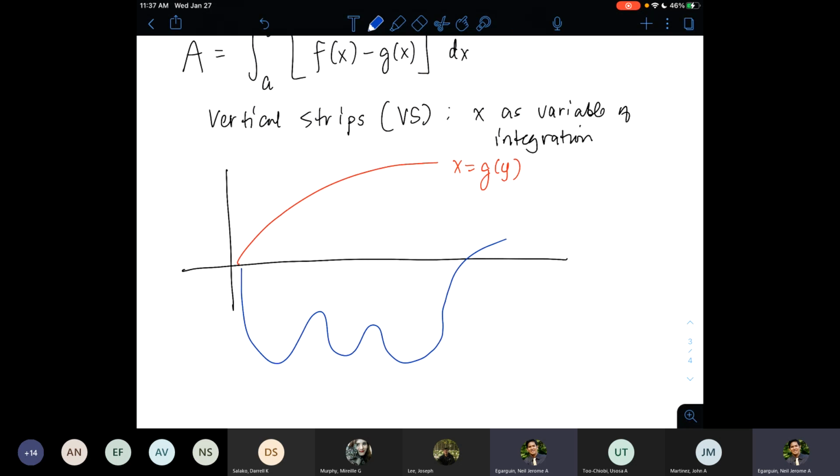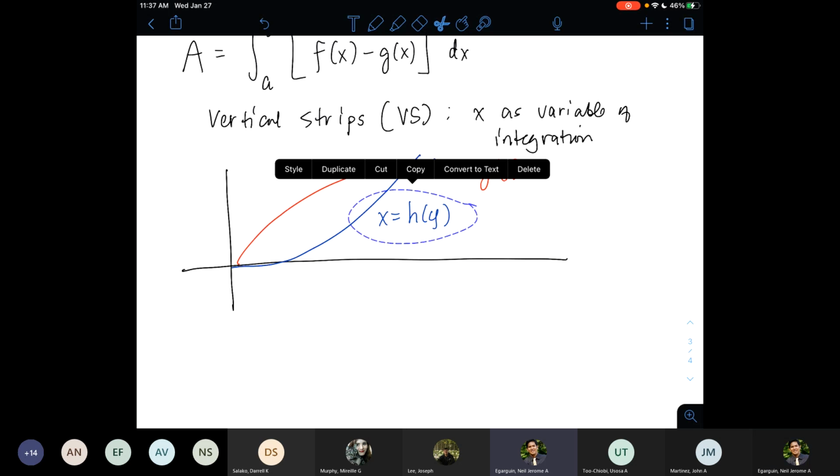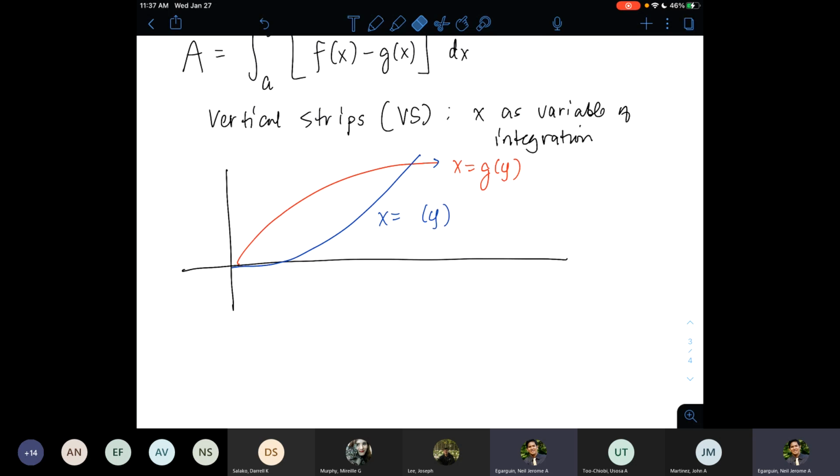Say this is x equals, why did I use g there? Anyway, h of y. Okay, let me change the function here because that will be complicated. Let me just do the right function there. Or let me call it f.